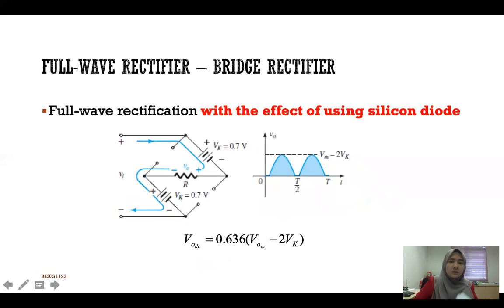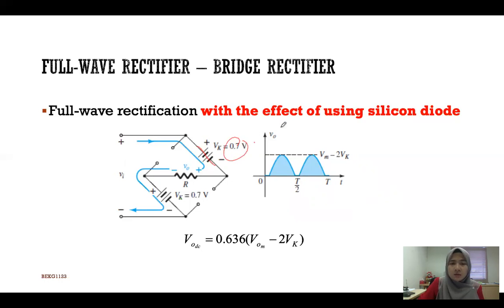And if you consider the effect of using silicon diode, so if the diode is silicon, then over here, instead of it becoming a closed switch, now the voltage here is 0.7. So you need to consider the voltage drop over here.